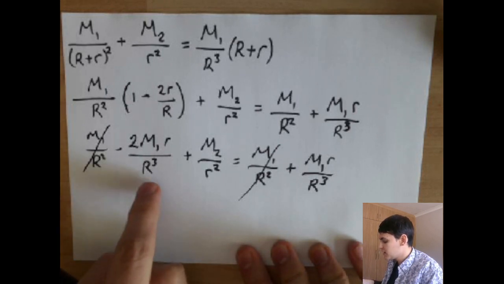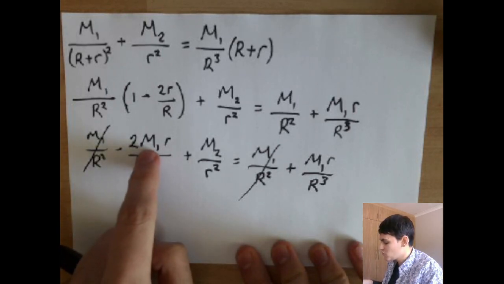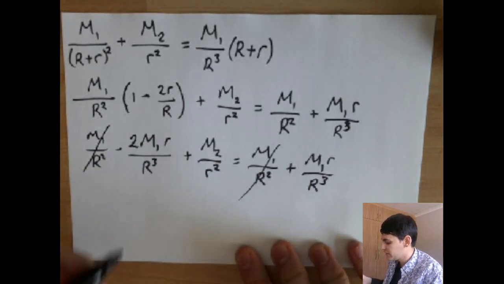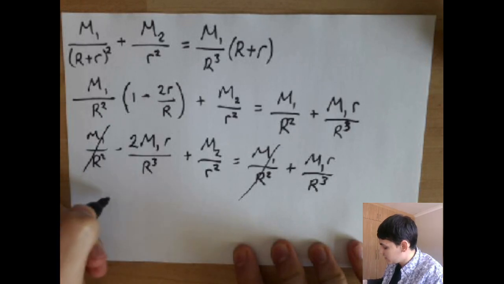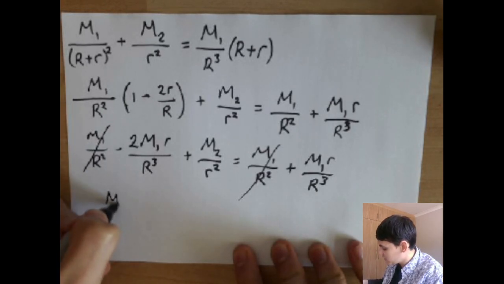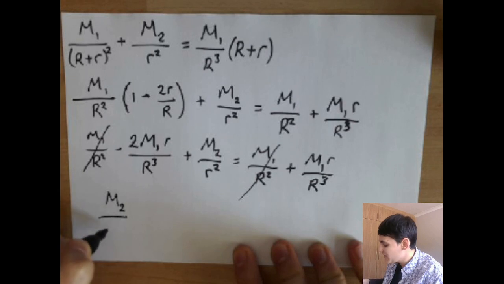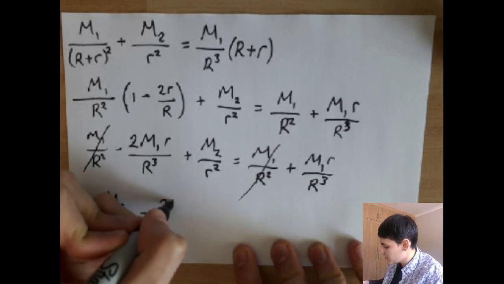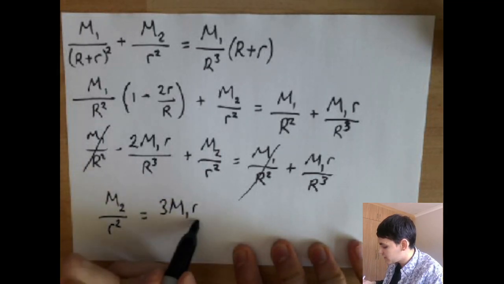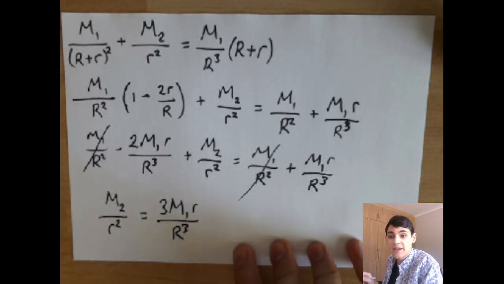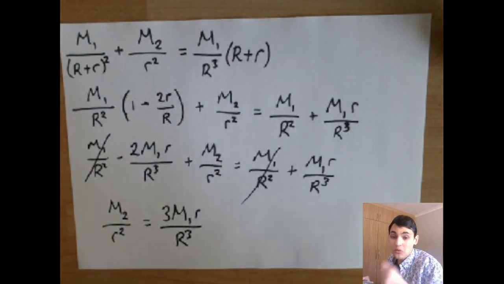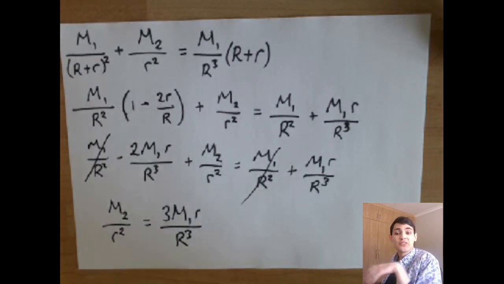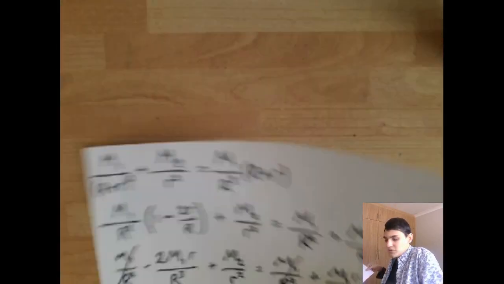And similarly, I can collect the M1 little r over R cubed terms here and here. Okay, so let's do that. Okay, so what do we end up with? We end up with M2 over little r squared is equal to 3 M1 little r over R cubed. Now, we wanted to solve for little r, right? So let's bring everything so little r is on one side and everything else is on the other side of the equals.